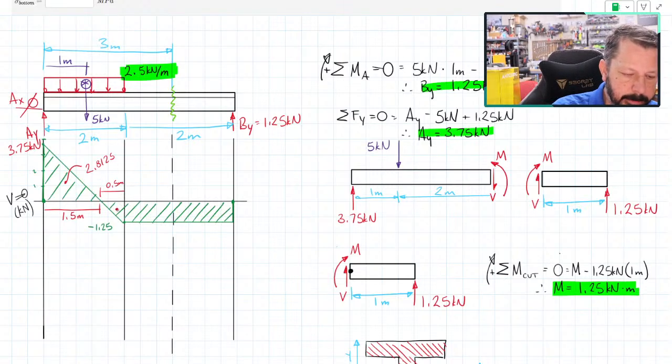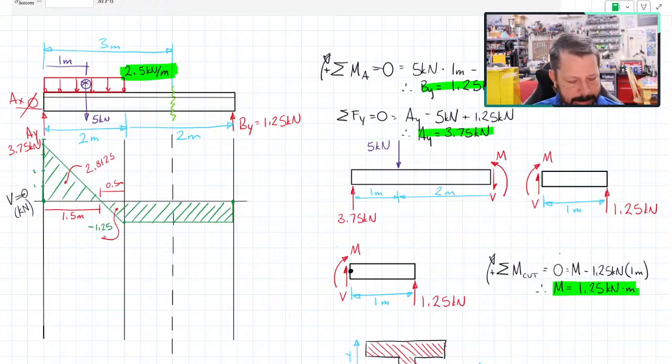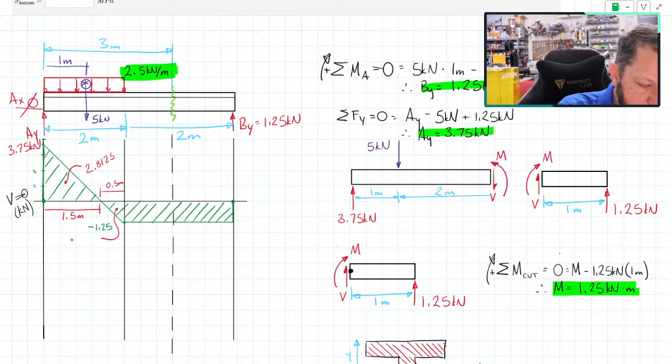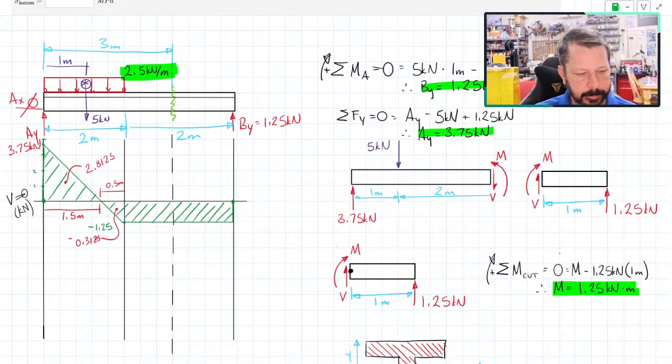And this area, we'll put it around there. It has a height of negative 1.25, a base of 0.5, and it's a triangle, so divide by 2. Negative 0.3125. Those units are kilonewton meters. I'm multiplying a height of kilonewtons by a base of meters, so the area is kilonewton meters.